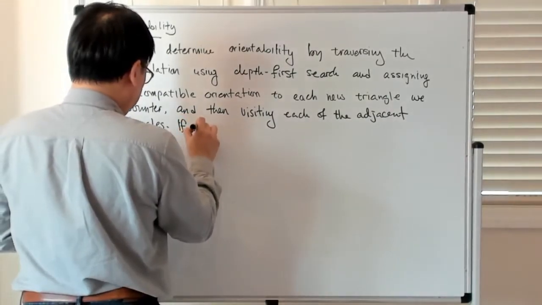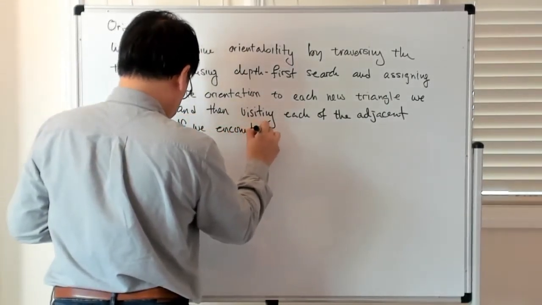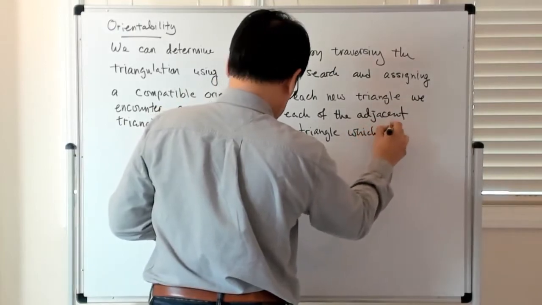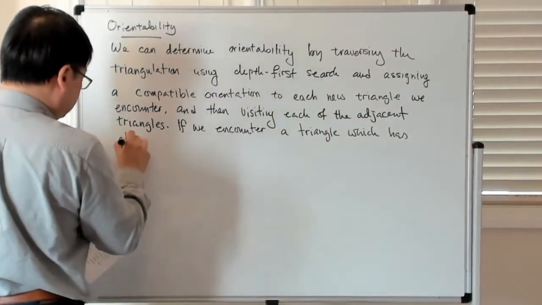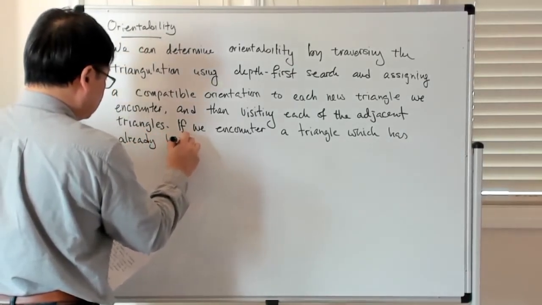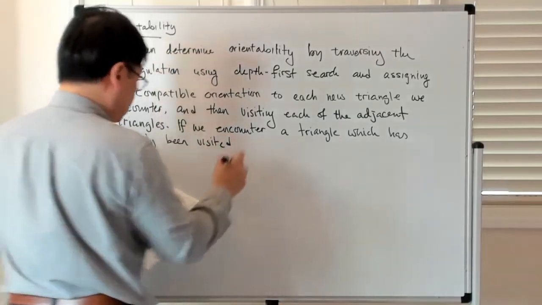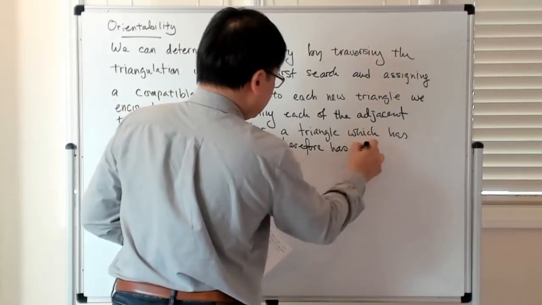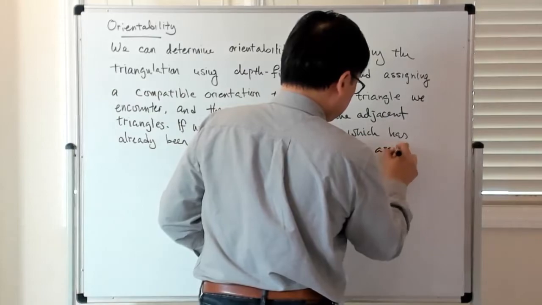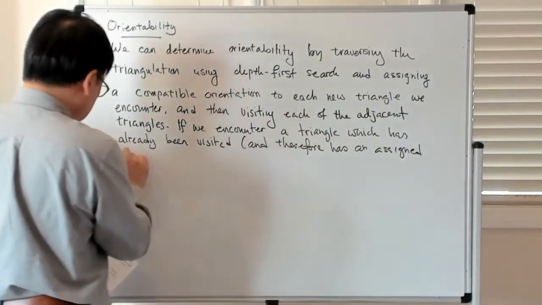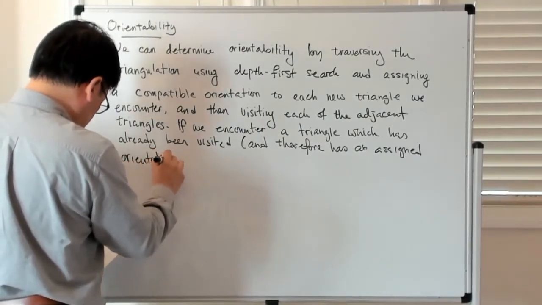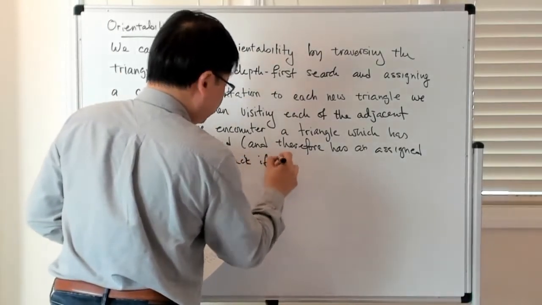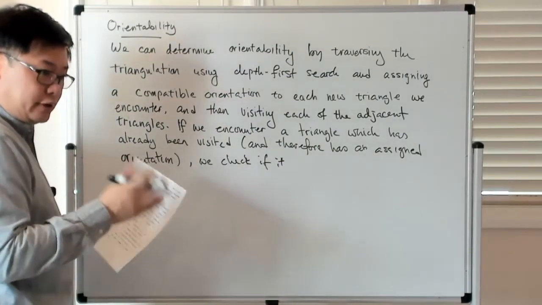So if we encounter a triangle which has already been visited, and therefore has an assigned orientation, then we check if it is compatible with the orientation of the triangle you're visiting from, basically.